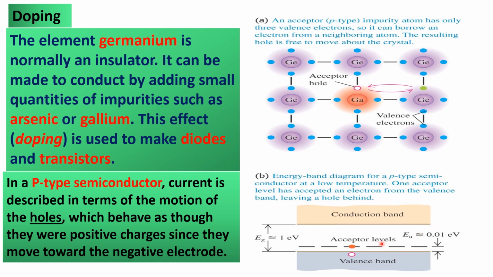Since this type of semiconductor material has a very small energy gap between the valence band and the conduction band, amounting to only about 0.01 electron volt, there is a big probability for the valence electron to move into the acceptor level, leaving behind what we call the hole, or the space or vacancy of an electron.